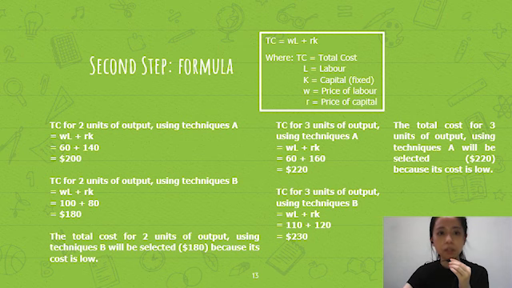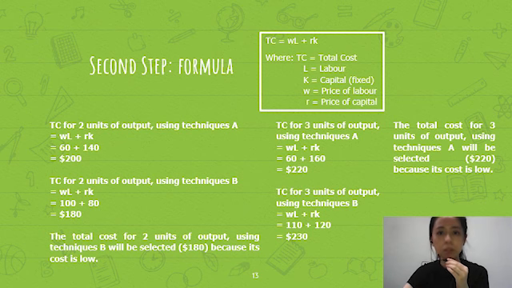Total cost for 2 units of output using technique A is equal to $60 plus $140, then equal to $200. Total cost for 2 units of output using technique B is equal to $100 plus $80, then $180. The total cost for 2 units of output using technique B will be selected, that is $180, because its cost is lower.